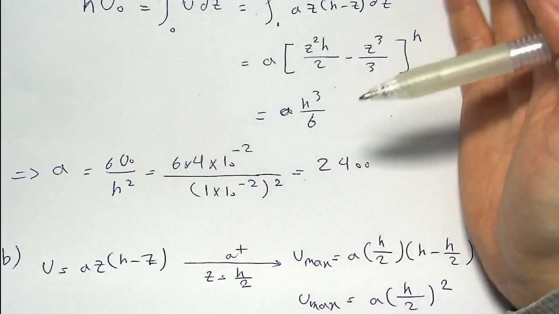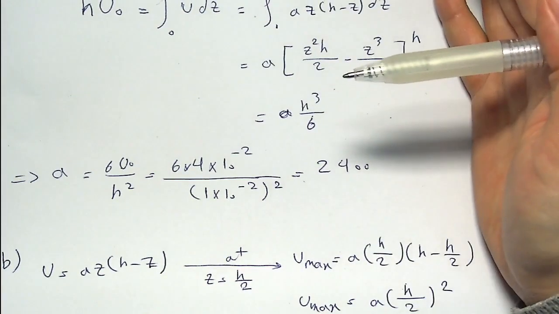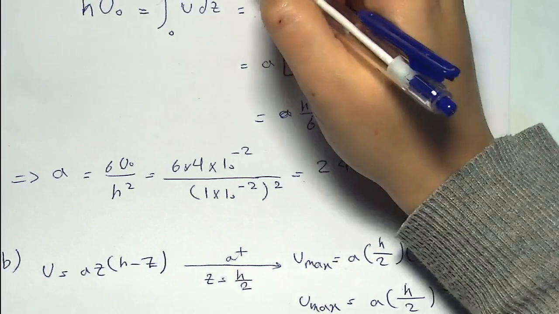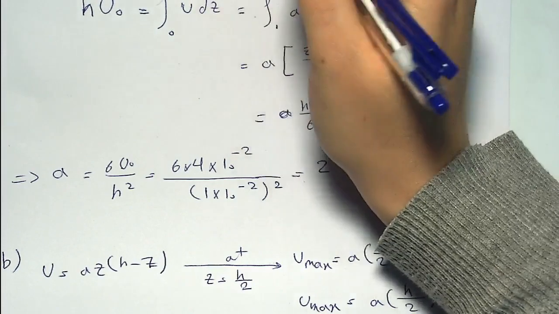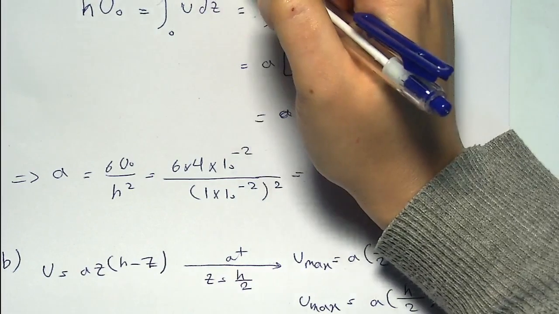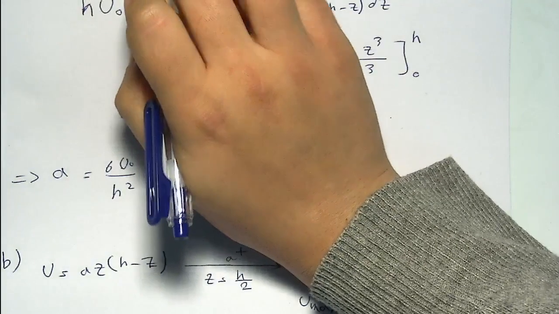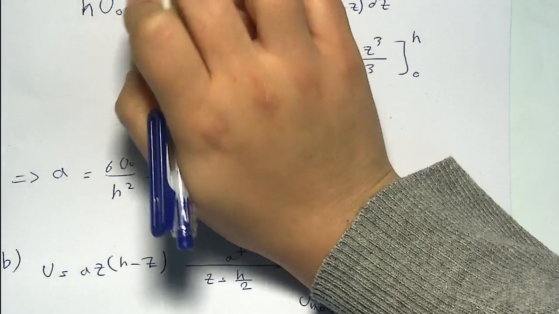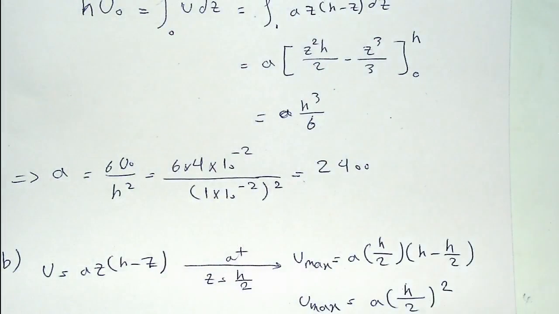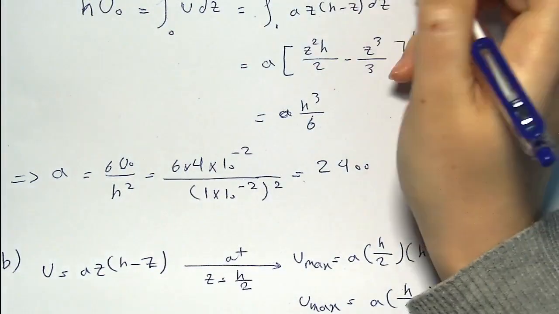So there you can say yes. But before that point, this parabolic equation is different. So you cannot say that the velocity here is equal to the velocity here. We have underdeveloped region and developed region. It depends which region you're talking about.